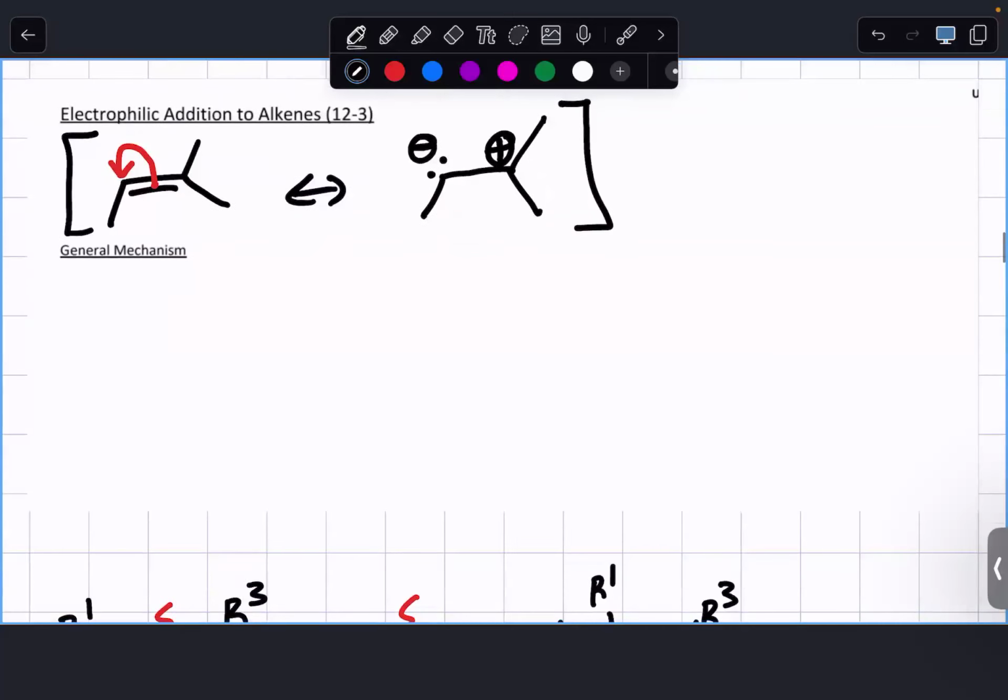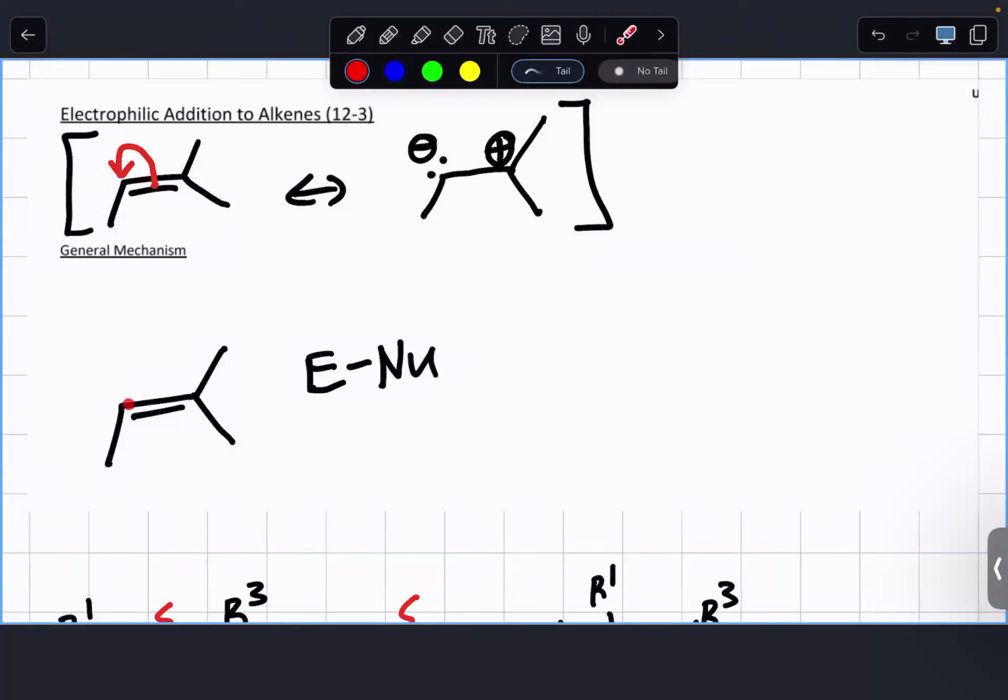So let's say we have the same thing here, and let's say that we have some kind of electrophile bonded to some kind of nucleophile, right? We know that this carbon here, the less substituted carbon, is the nucleophilic carbon because we want to form the more stable carbocation. If we want this carbon to be the carbocation, we want that one to lose the bond.